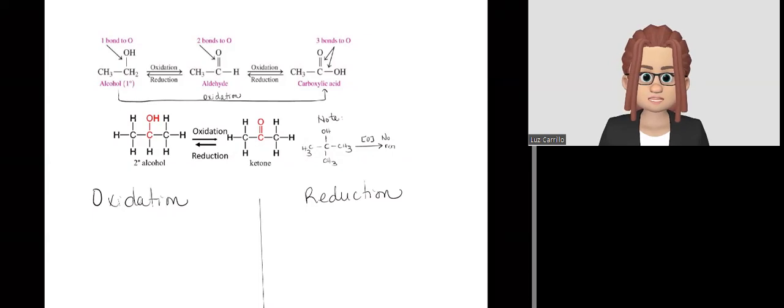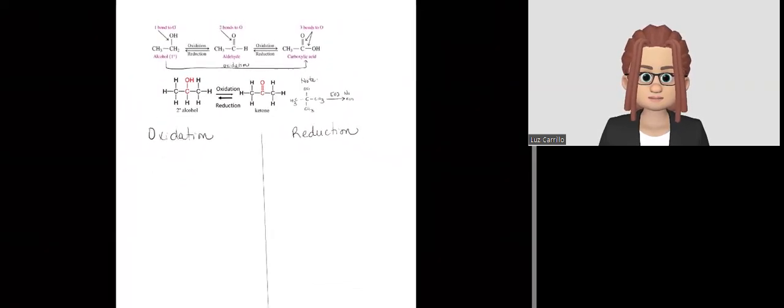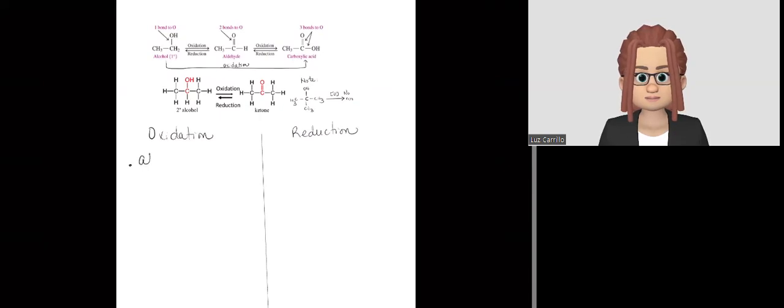For oxidations, I'm either going to start with alcohols or an aldehyde. Please review how these functional groups look so you will be able to identify them in reactions.